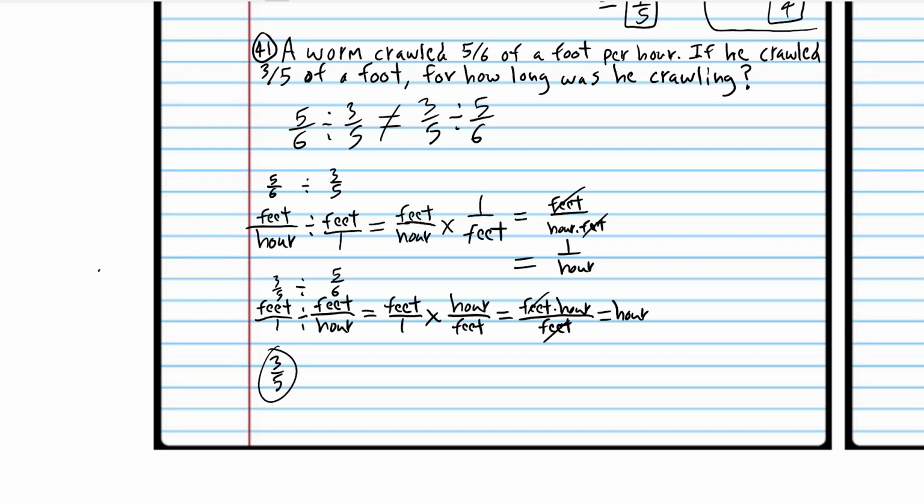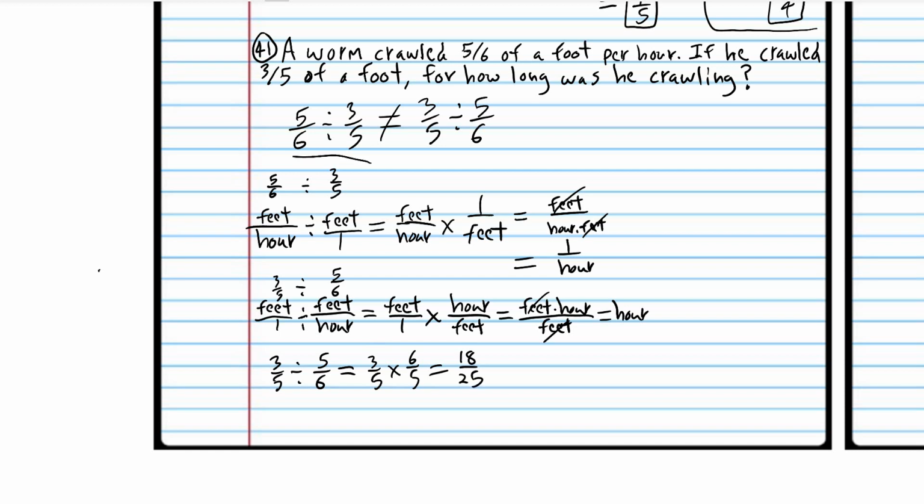So feet is the 3/5, divide that by 5/6, and it's just the division algorithm. So 3/5, change the division to multiplication, flip the divisor. 3 times 6 is 18, 5 times 5 is 25, and that's our answer.